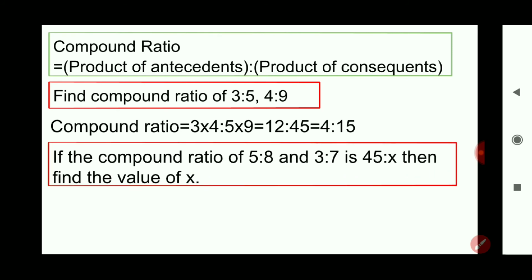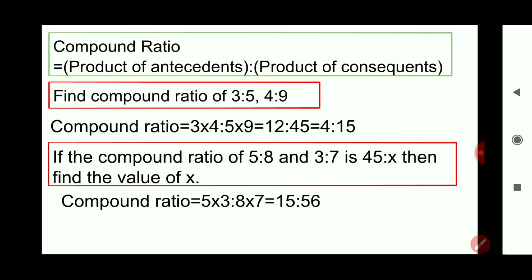One more question. If the compound ratio of 5 is to 8 and 3 is to 7 is 45 is to x, then find the value of x. First find compound ratio. Compound ratio is product of antecedents is to product of consequents. That is 5 into 3 is to 8 into 7, that is 15 is to 56. This compound ratio, that is 15 is to 56, is equal to 45 is to x.